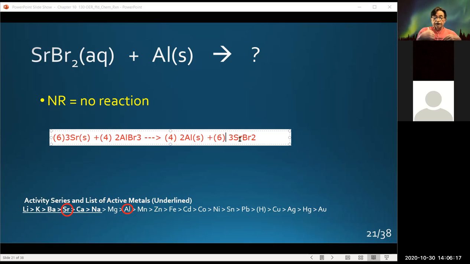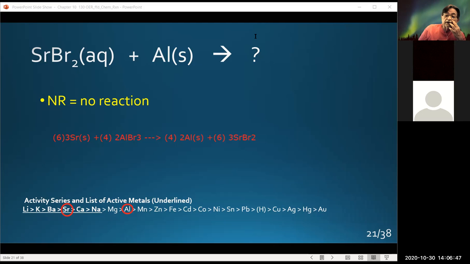However, those are all divisible by 2, so bring it down to the lowest terms. So the numbers that are not in parentheses are the numbers that are brought down to the lowest terms. If you do that and you have high numbers, the last thing to check is to make sure you are down to the lowest whole numbers in the lowest terms. No fractions here. Remember that. No fractions. Always whole numbers.